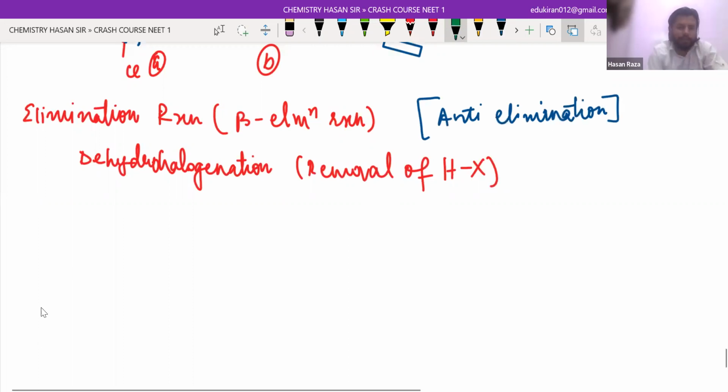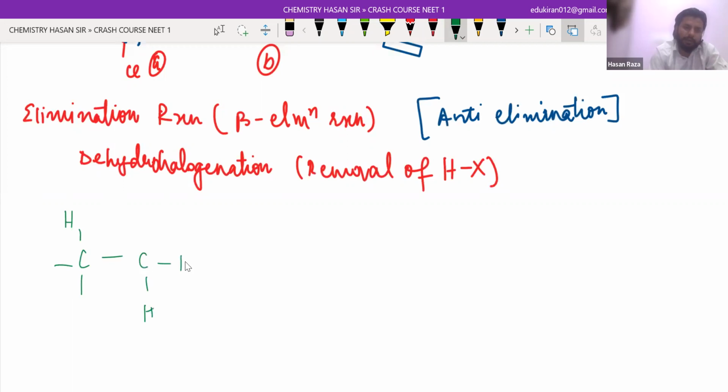Now you can see, if you have C, H like this, this is your X. You can remove this hydrogen if you want, not a problem.